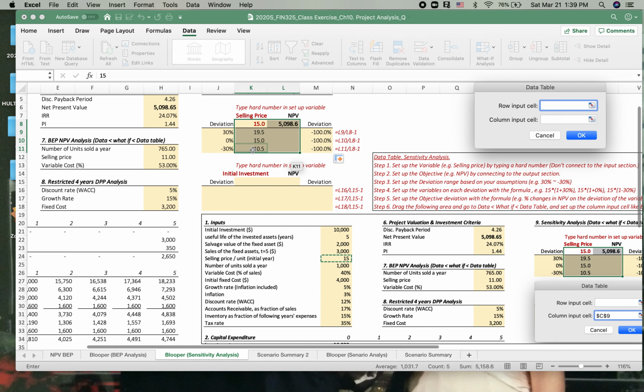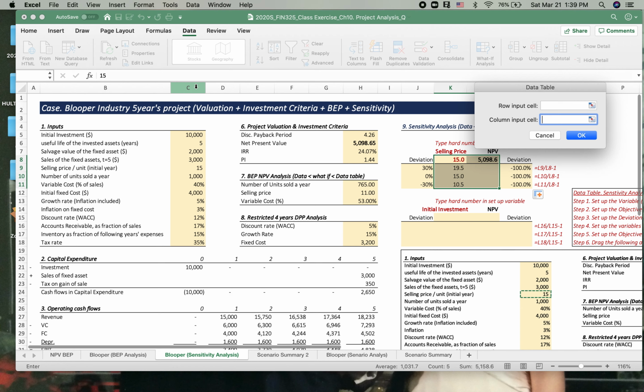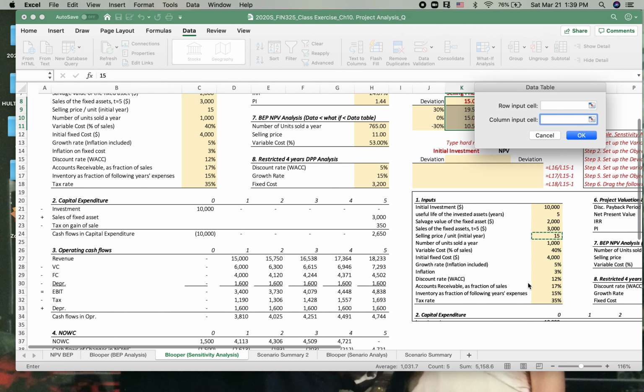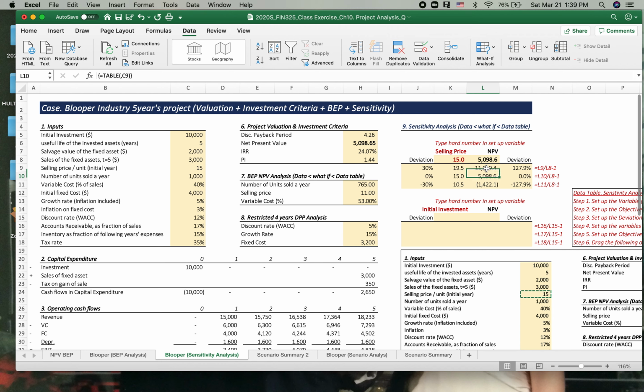It's called the column input cell. So what is the column input cell? We want to apply the data table function to the spreadsheet right away. This column input cell is C9. C9 is the selling price, because we set up the selling price in this column input cell. So okay, then it automatically creates the table.